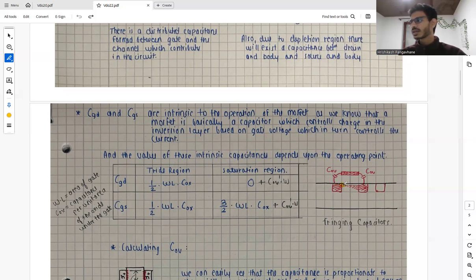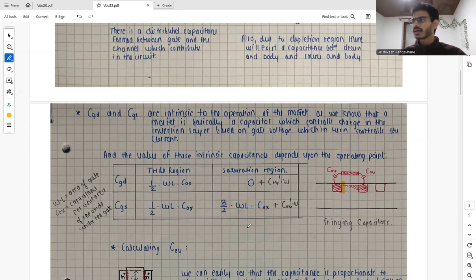In the saturation region, we have a pinch-off at the drain, so CGD is 0, but CGS is 2/3 times W L Cox, the area of the gate times the capacitance per unit area of the oxide. So this is the capacitance CGS in the saturation region.